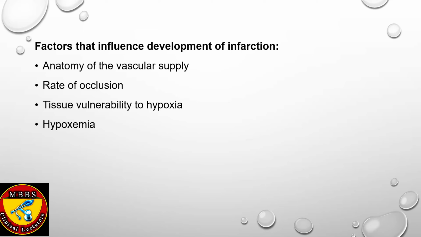Then second depends on the rate of occlusion. Obviously, slow developing occlusions are less likely to cause infarction because they provide time to develop collaterals. And then the tissue vulnerability to hypoxia. Certain tissues, for example, neurons. If there is decreased blood supply to the neurons, they take only 3 to 4 minutes to develop irreversible damage.